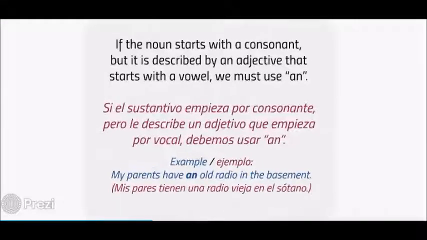If the noun starts with a consonant, but it is described by an adjective that starts with a vowel, we must use an. Example. My parents have an old radio in the basement.